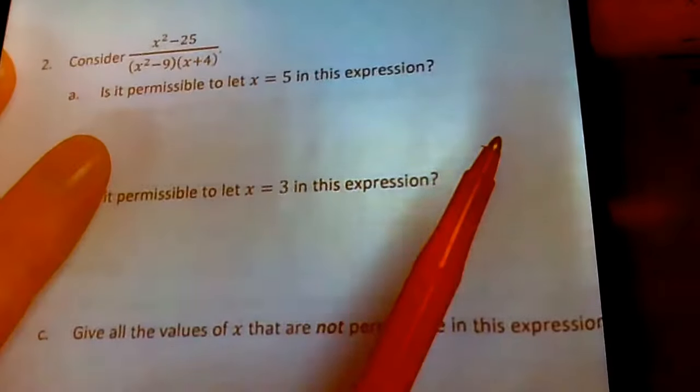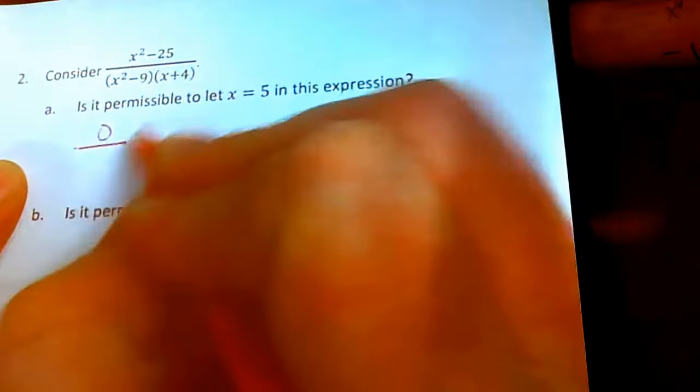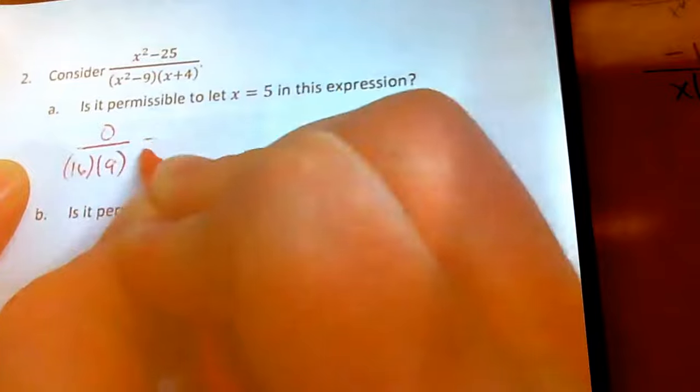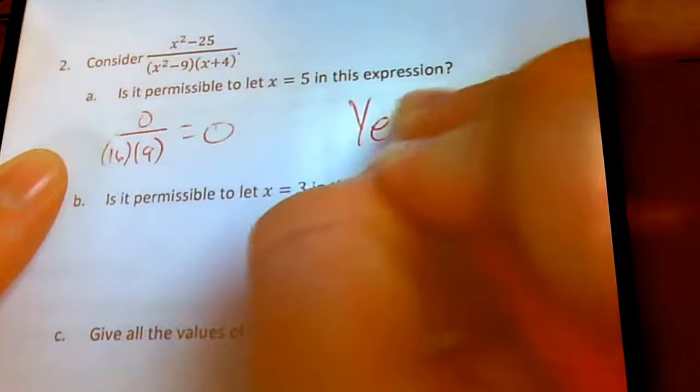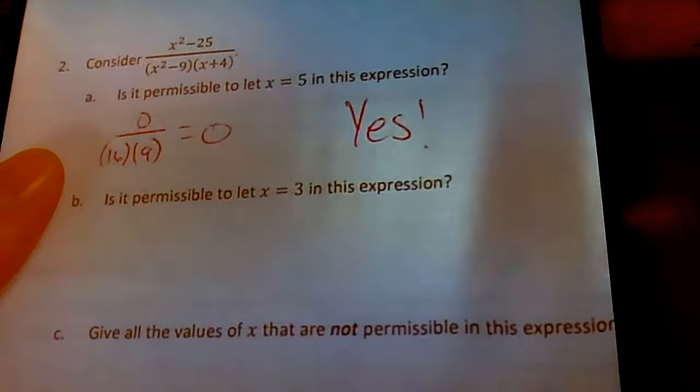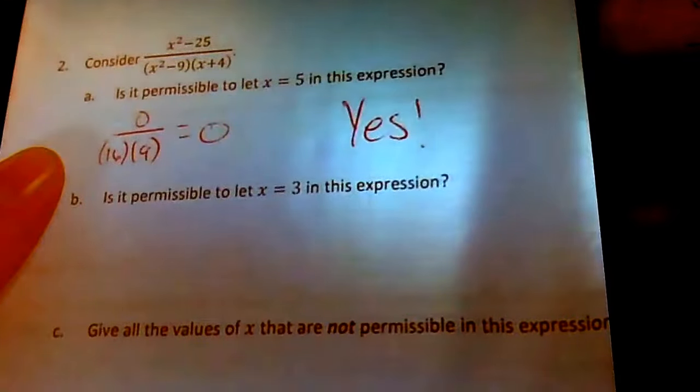On top you would get 0, and on the bottom 0 over 16 times 9. What's 0 divided by 16 times 9? 0. So yes, it's fine.